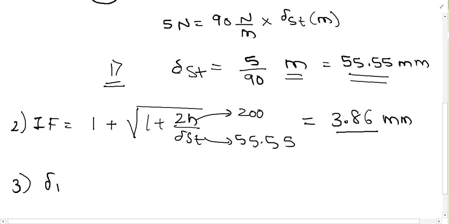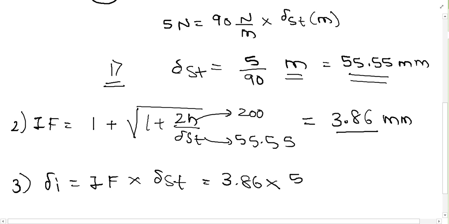So delta instantaneous is nothing but impact factor into delta static. So the impact factor is 3.86 and delta static is 55.55. The answer that we are going to get here is 214.62 mm.